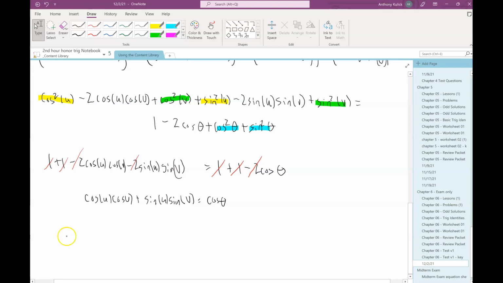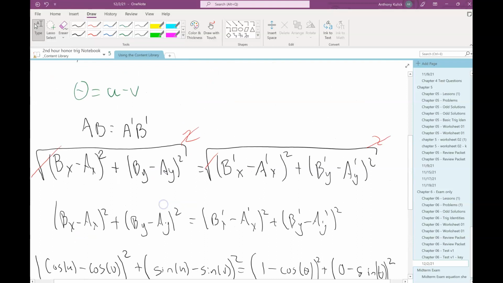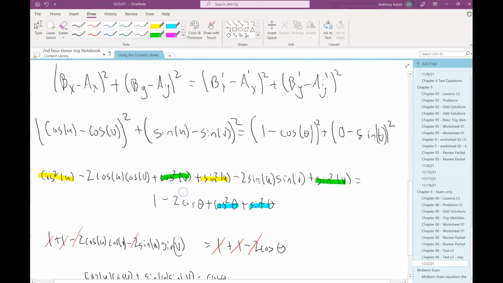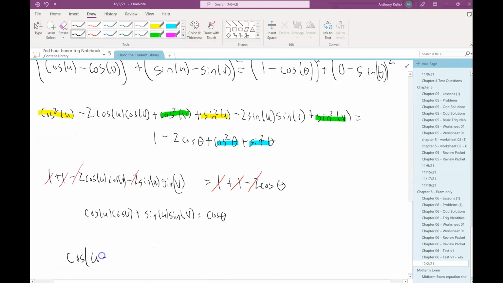And if we remember, we said that theta was equal to u minus v. And I have my first identity.